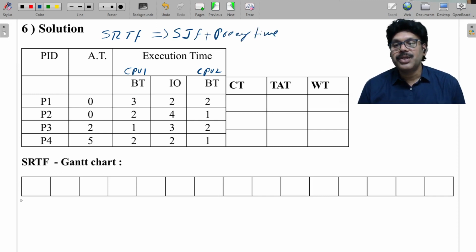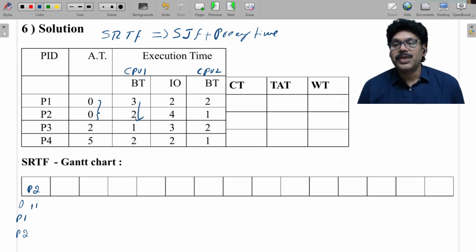At 0, please see, two processes have come, P1 and P2. Among them, which is shorter? First CPU 1. Among them, which is shorter? P2 is shorter. Let me execute one unit. That is better always.